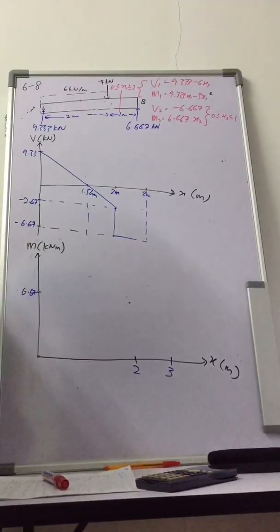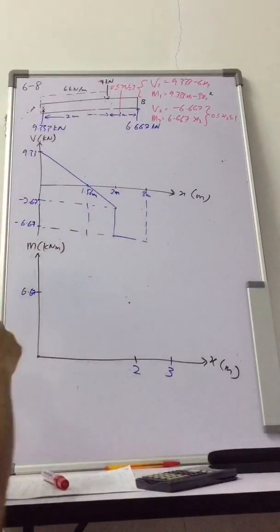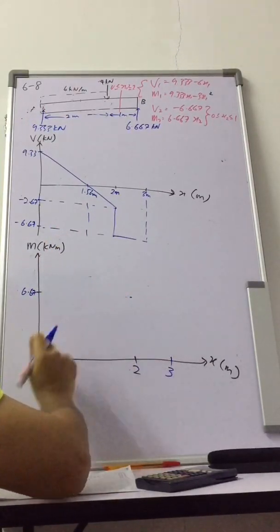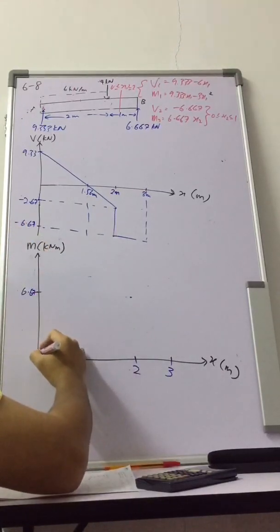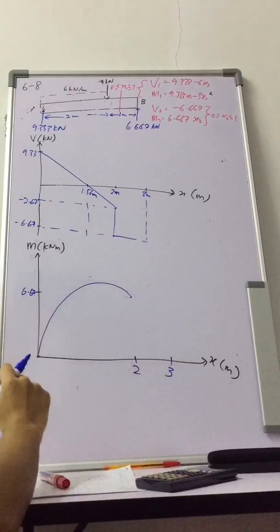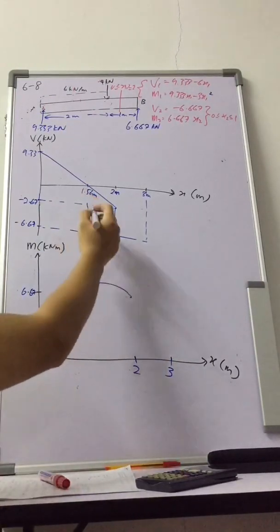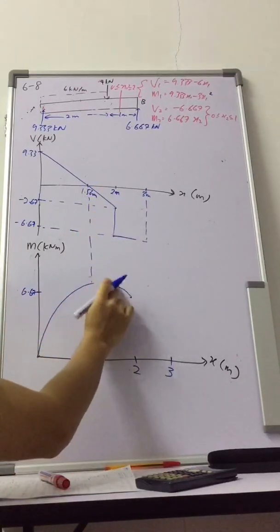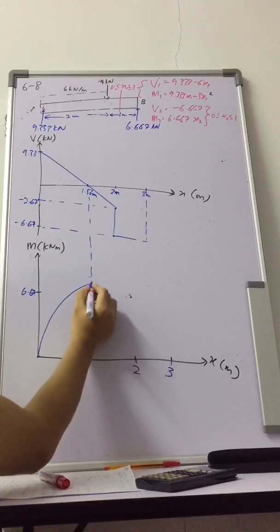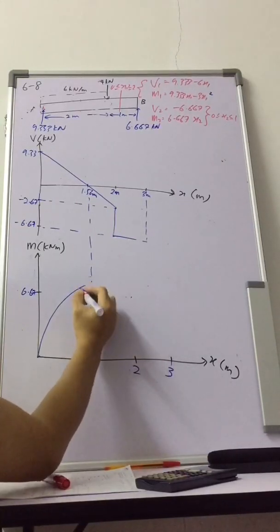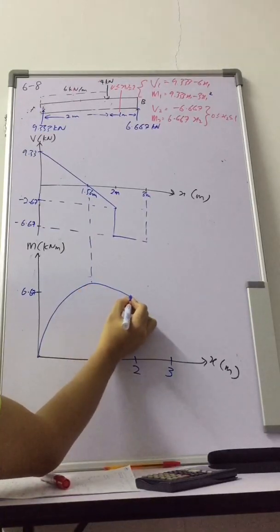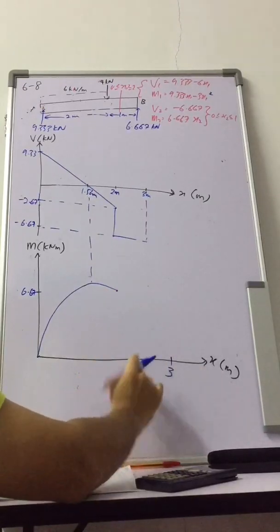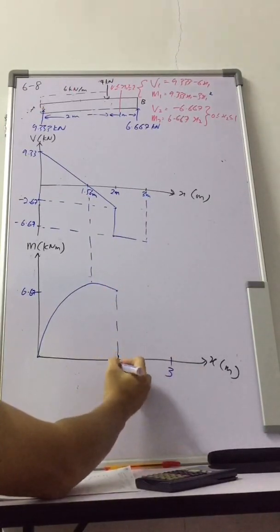So the graph between 0 to 2 for M will be like this, and the maximum point will be here. Let's make it correct. Because 2 is here, so it's 2 more. 2 is here. Alright?